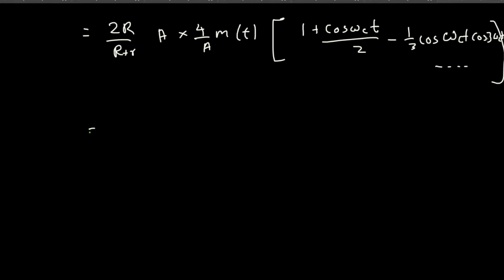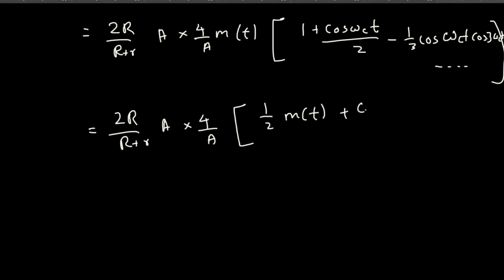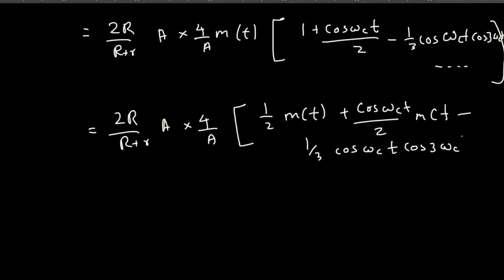And then simplify further: 2R over R plus R, A times 1 over 2 m of t plus cos 2 omega c t divided by 2 times m of t, minus 1 over 3 cos omega c t cos 3 omega c t m of t, and so on.